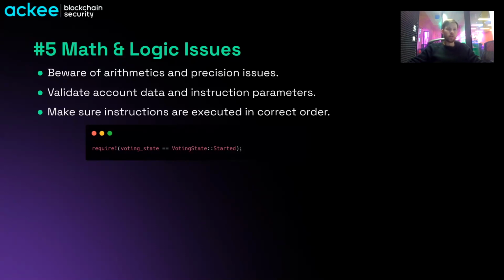In some cases, it might not be so obvious, so there might be different scenarios where you will, for example, set some data in one instruction that will be used then in another instruction. So again, in that case, you have to prevent the bugs by testing, for example, the different order of the instructions.